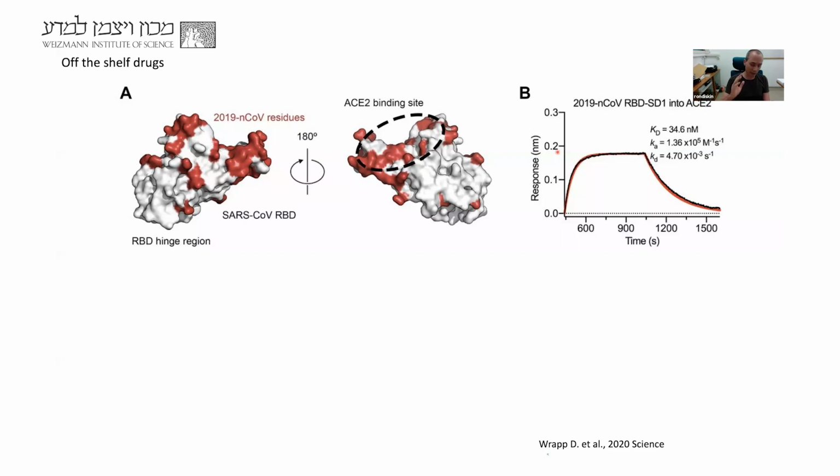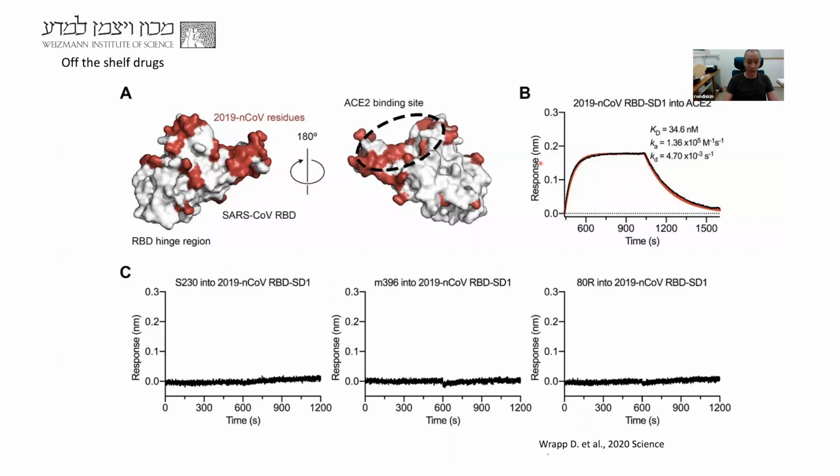It has a very important role in regulating blood pressure. Hence, there is a relationship also with the higher risk of people that have high blood pressure. And this is an excellent target for antibodies that will be able to bind and neutralize the virus because they will prevent it from binding to its own receptor.